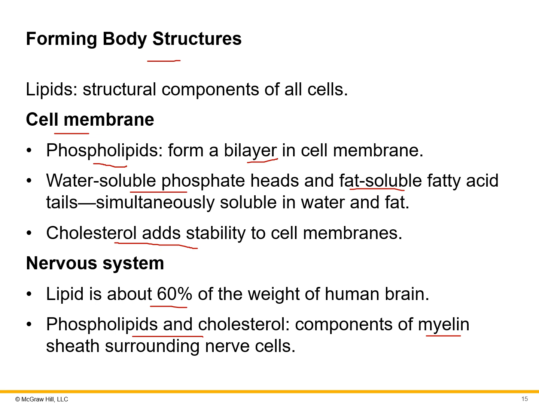So just like an electrical wire, the insulation around it helps increase its ability to conduct nerve impulses or electrical impulses. Our neurons have this myelin coating made up of fats that act like that insulator to improve conduction.